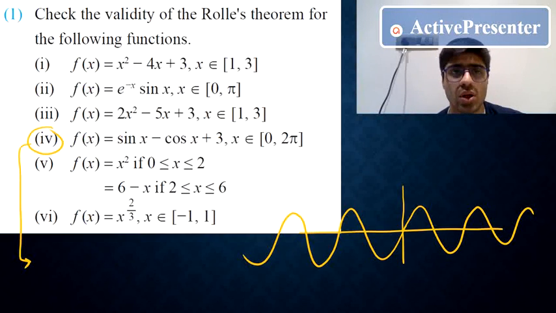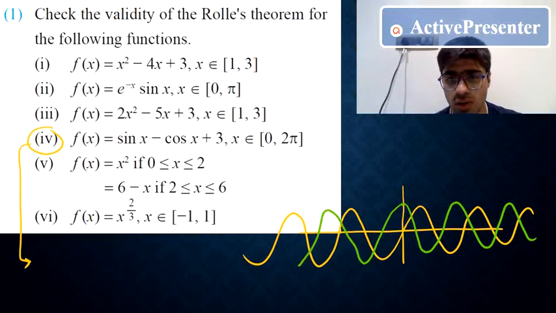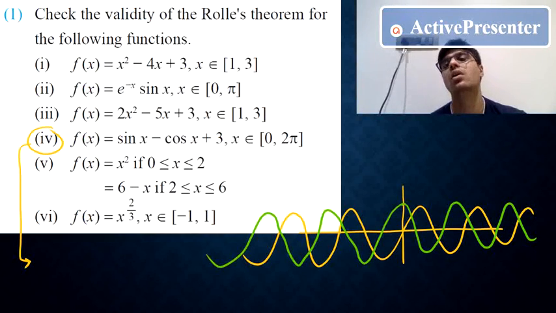The same thing is with cos x, but the graph of cos x will look like this. It's a wave function only, but it will start from a different point than sin x. So the graph of cos x is also going to be continuous over the entire range of real numbers.